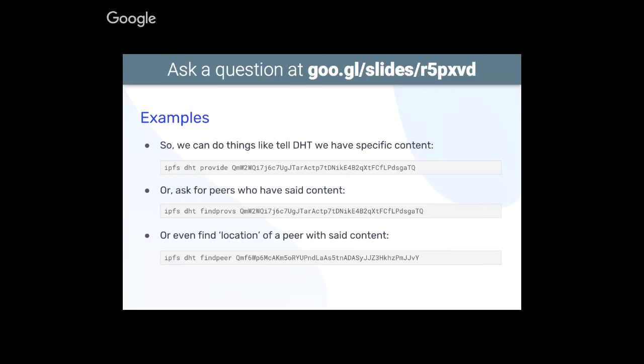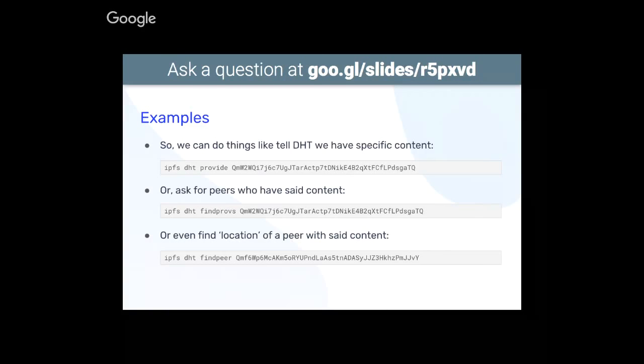provide some particular content. Most or all of the DHT-based commands are prefaced with DHT. So we have IPFS DHT provide, and that will allow us to tell the IPFS network that we have specific content, in this case, a specific block that we want to tell the DHT we can provide.